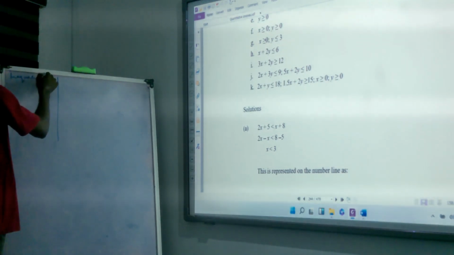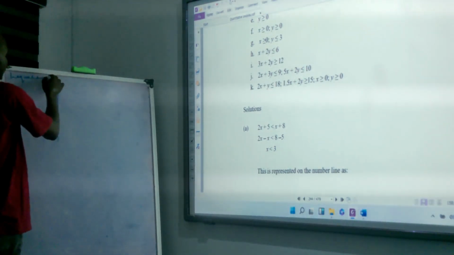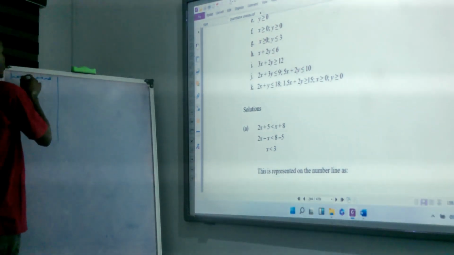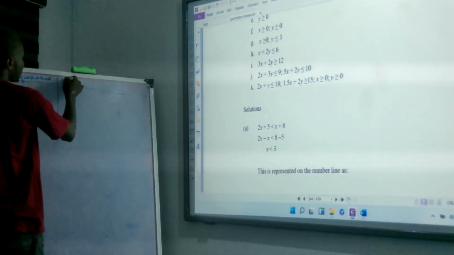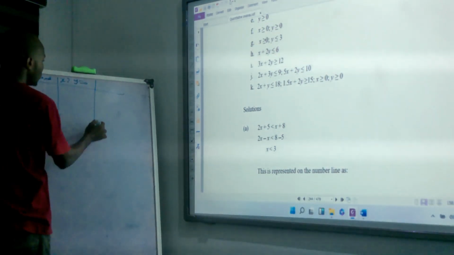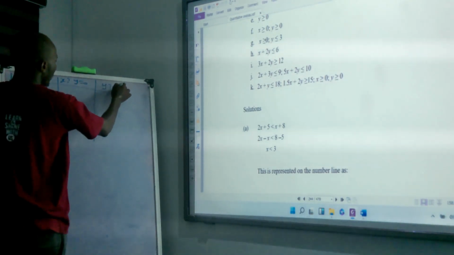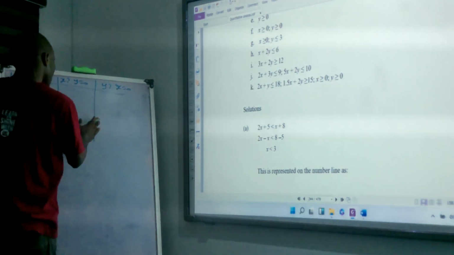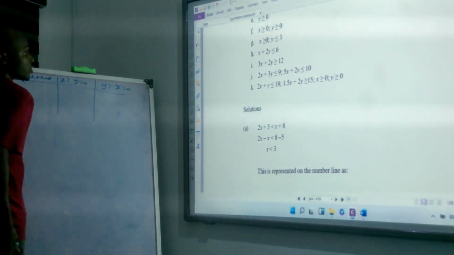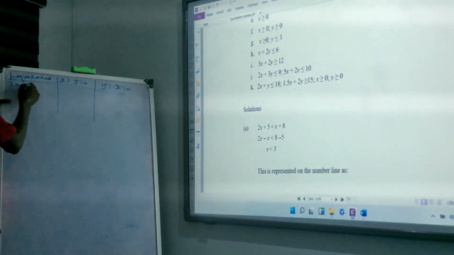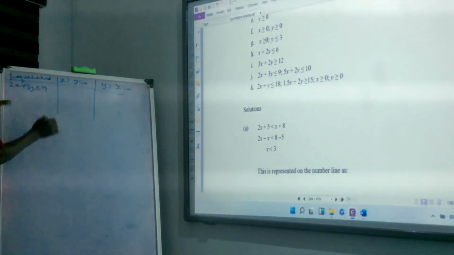So we find the value for x when y is 0 as usual, and the value for y when x is 0 as usual. The first inequality is 2x plus 3y less than or equal to 9.